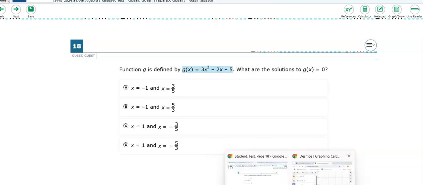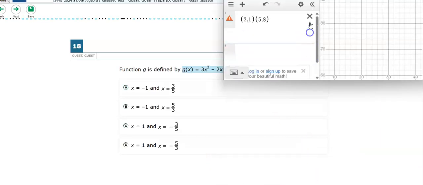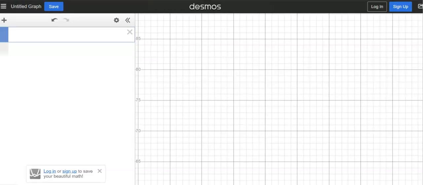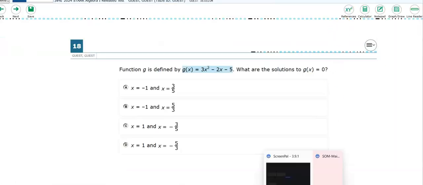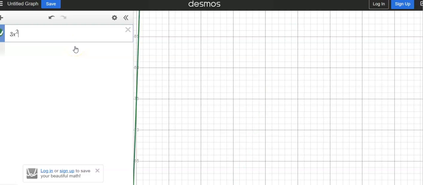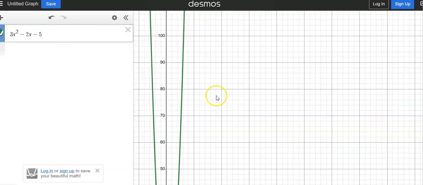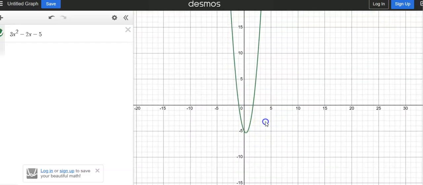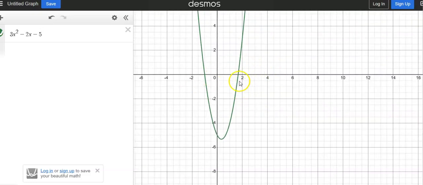So if I go to Desmos, I plug in 3x squared minus 2x minus 5. All right, it really wants to know where it crosses the x-axis.